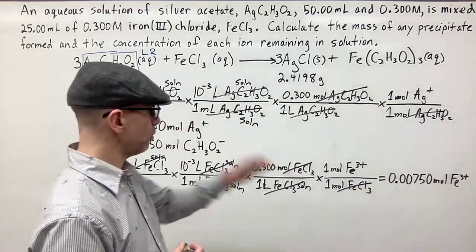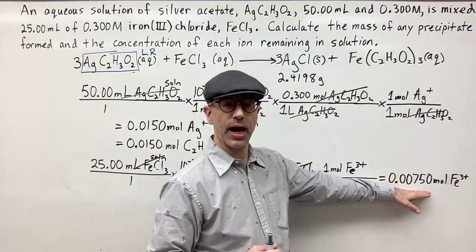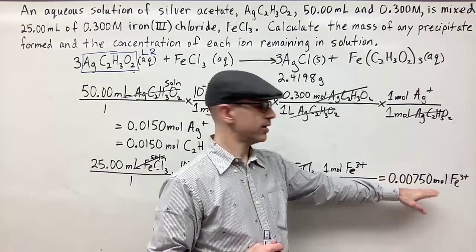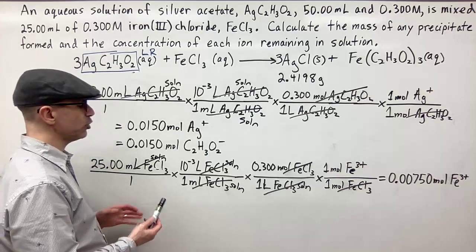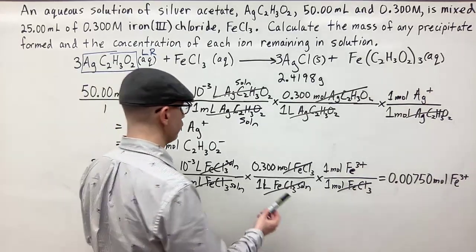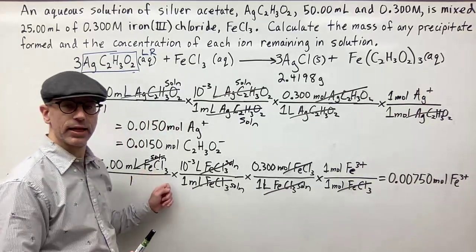So now I have the moles of the iron 3 ion in solution. Now all I need to do is calculate the number of moles of the chloride ion that were in solution.